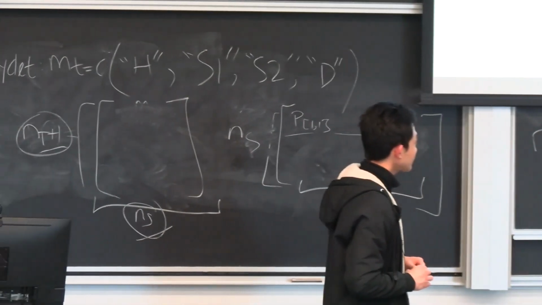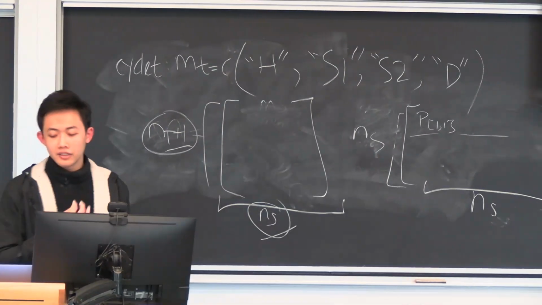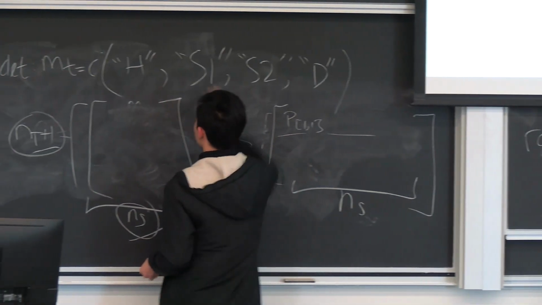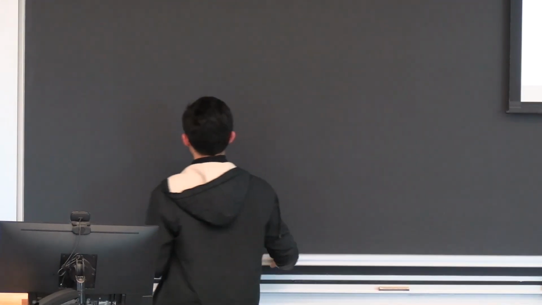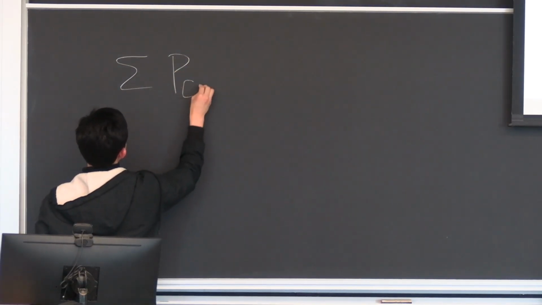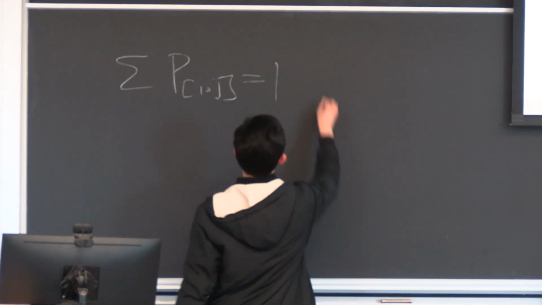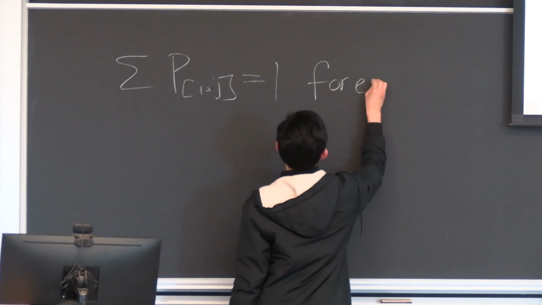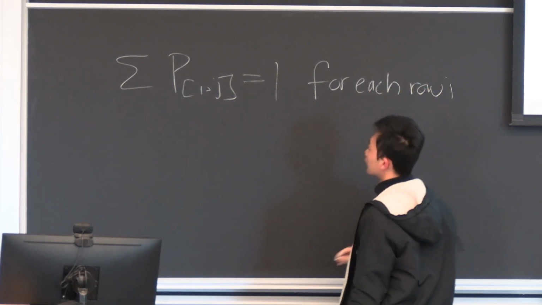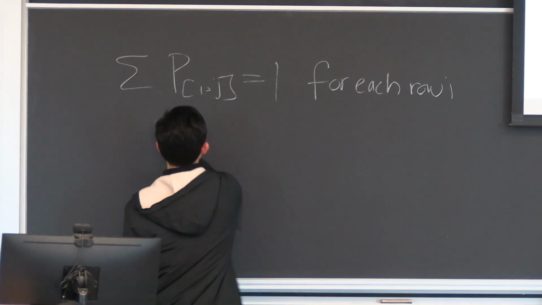So, actually, there are some rules that we need to define by definition of probability: for each probability, the sum is equal to 1 for each row I. That's something that we need to check.